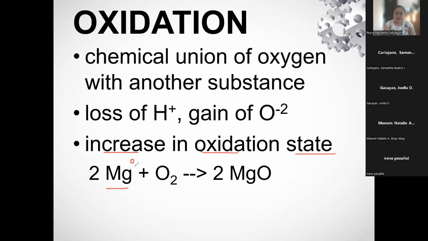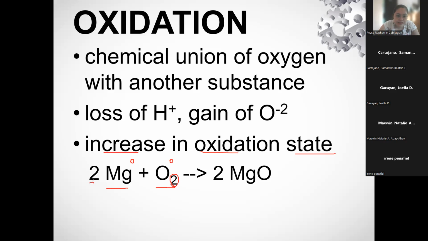Okay, that's 0, the magnesium. That is also true for oxygen. This is also 0, though we have a subscript 2 here. We call this, class, a subscript. And when you say subscript, that refers to the number of atoms present in the molecule.